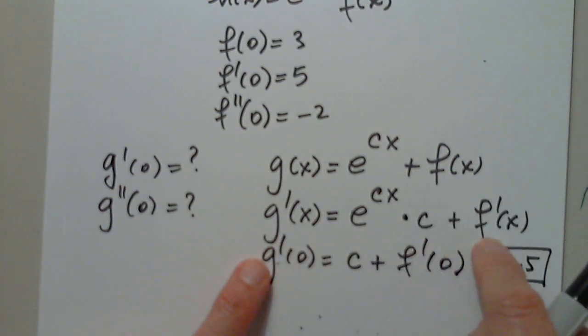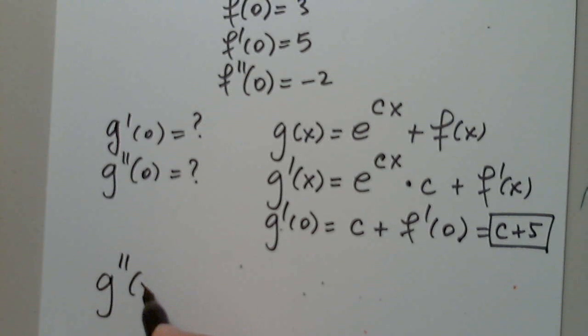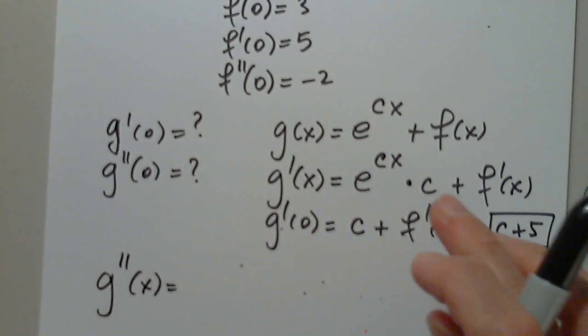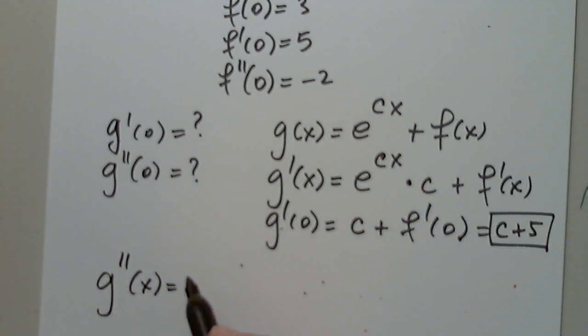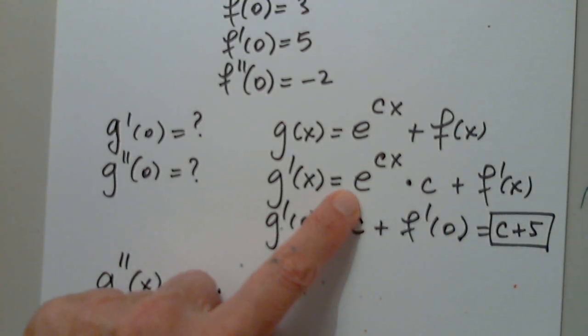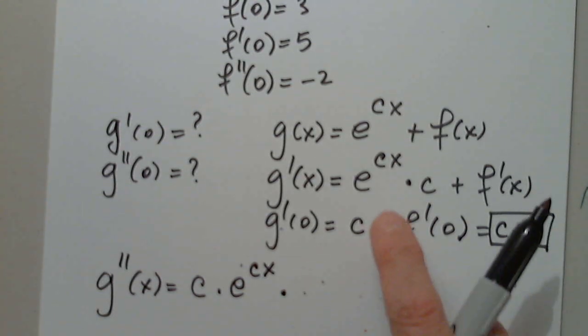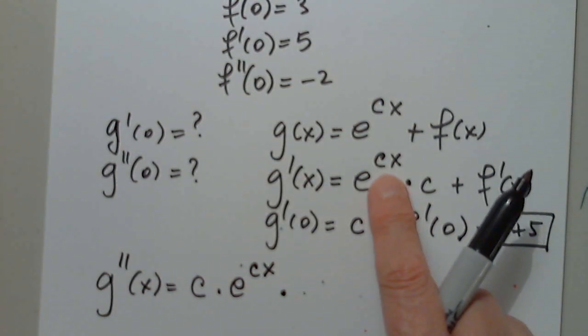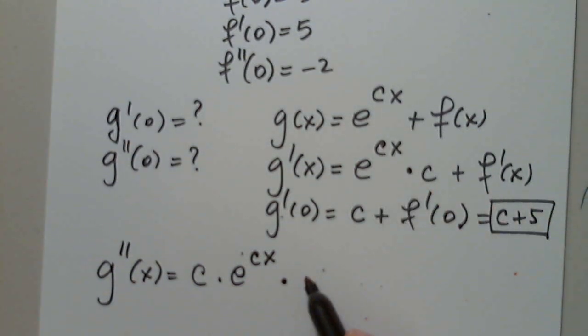Now we have to differentiate this a second time to find g double prime of x. So when we differentiate again e to the cx, what do we get? There is a c in front. e to the cx prime is exactly what you told me. e to the cx times the inner function prime. The inner function prime is c.